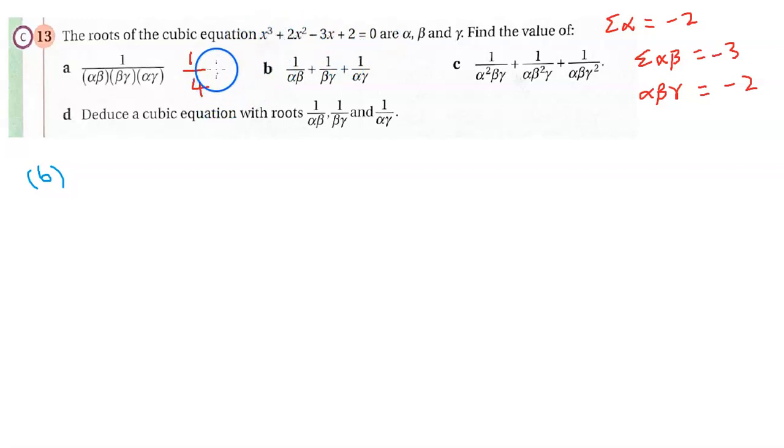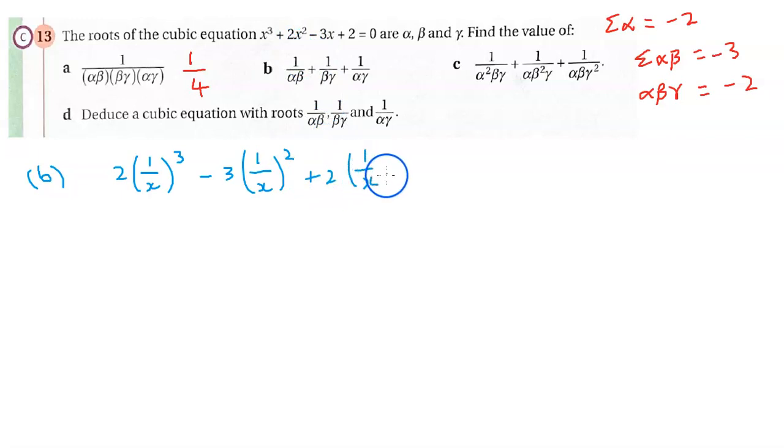Dividing through by x cubed gives us 2 times 1 divided by x cubed, and then it's going to be minus 3 times 1 divided by x squared, and then plus 2 times 1 divided by x, and then just plus 1 equals 0. So we know alpha, beta, and gamma are solutions to this equation here. So roots alpha, beta, and gamma.